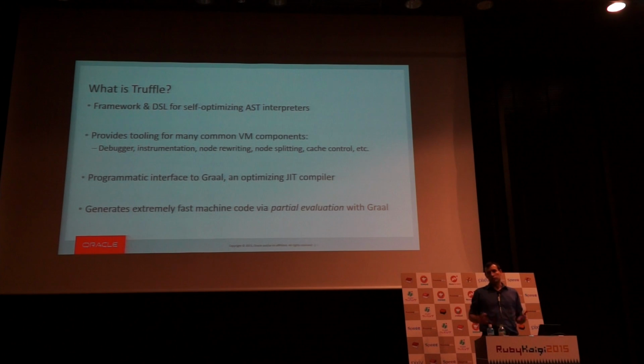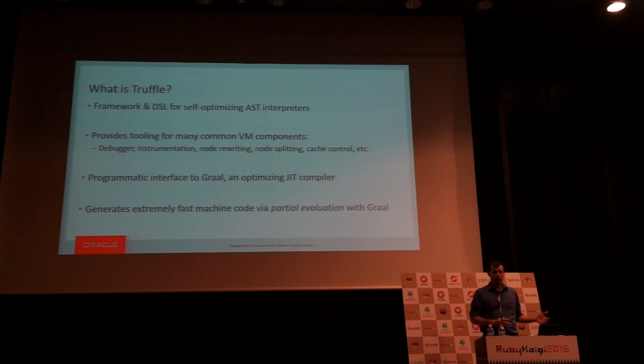For those of you that aren't familiar with half of what I just said, the basic idea is that when you're building a way to execute a dynamic language, you often start with an AST interpreter. They're very easy to build and very easy to reason about, but they often suffer from performance issues. A lot of languages go through this evolution where they start with an AST interpreter, hit a performance wall, and then try to build out a bytecode interpreter or their own compilation phases, or integrate with something like LLVM and try to make use of its JIT facilities.